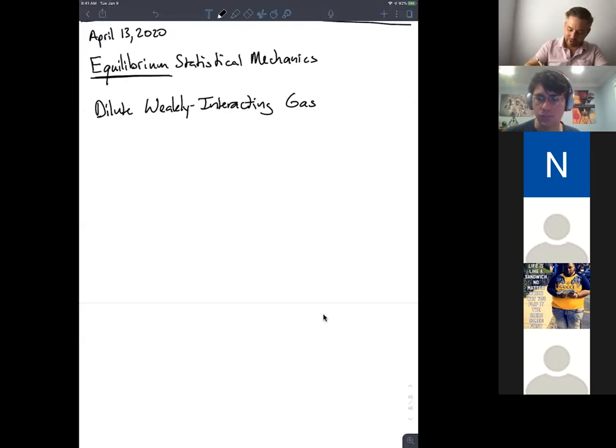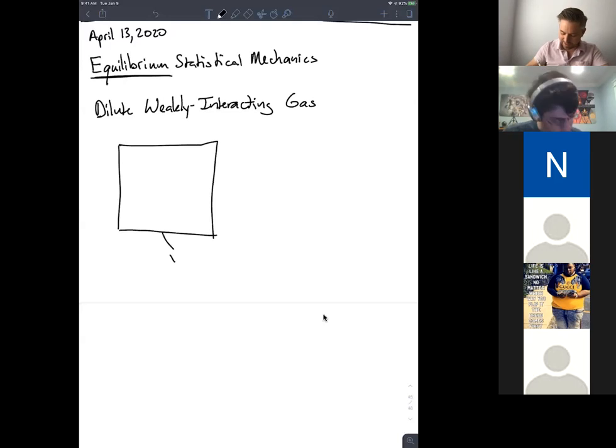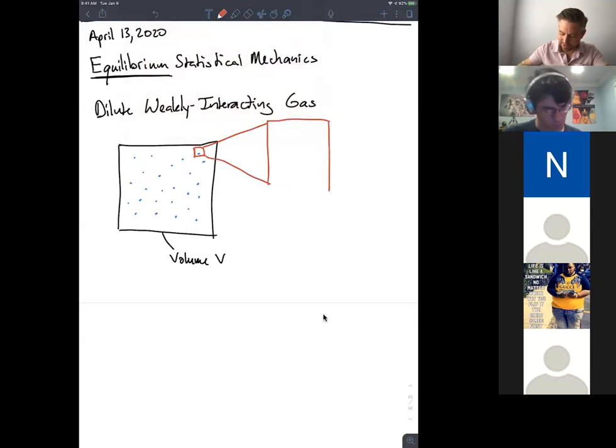Okay, so we're going to start with a box, and we're going to say that this box has volume, which we are going to call, logically enough, V. And inside this box, we are going to place a few gas molecules. For the time being, just to keep things simple, if we zoom in on each one of these little gas molecules, we're going to assume that all it is is a ball.